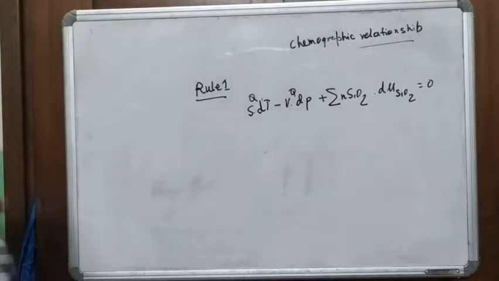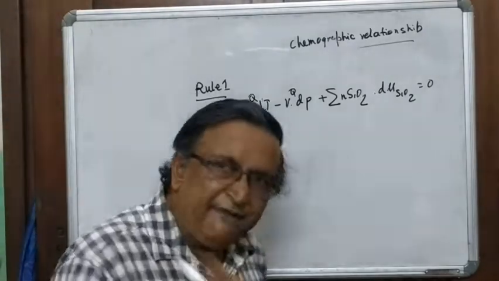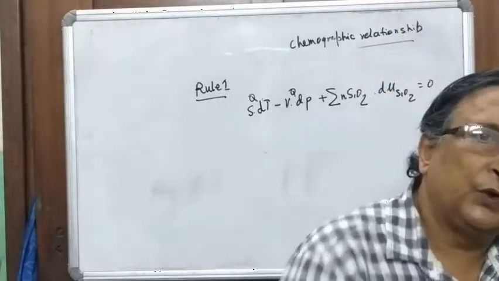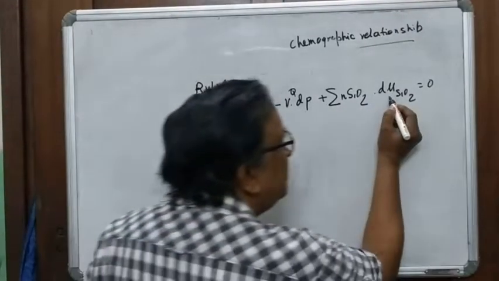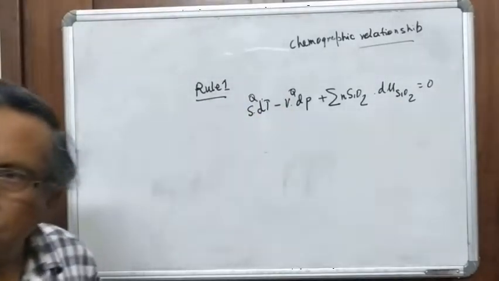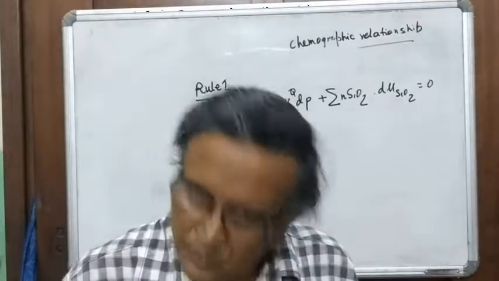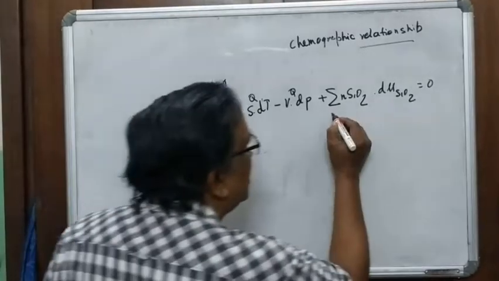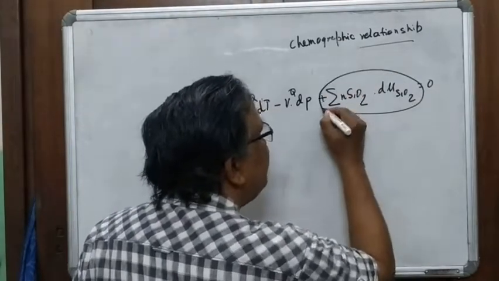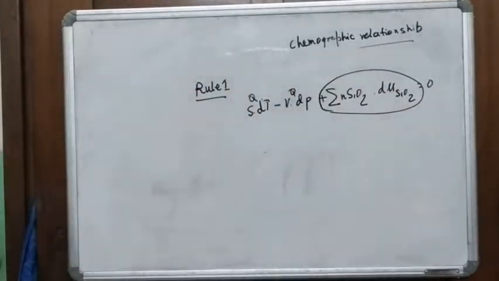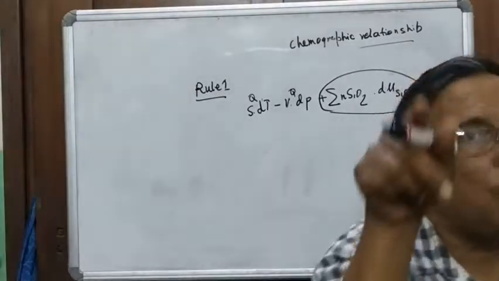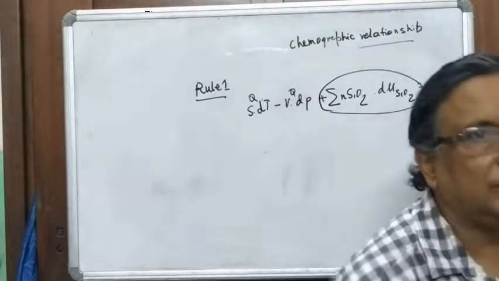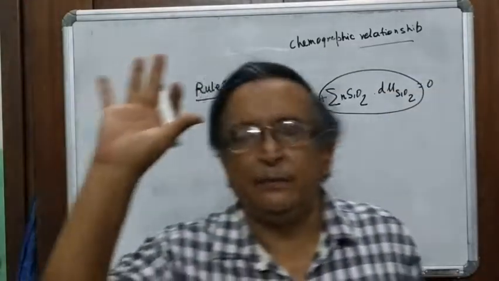Now, if SiO2 is pure, activity is 1, mu SiO2 is equal to 0. Right? So this term essentially vanishes because activity of SiO2 in quartz is equal to 1. So it's not a variable.